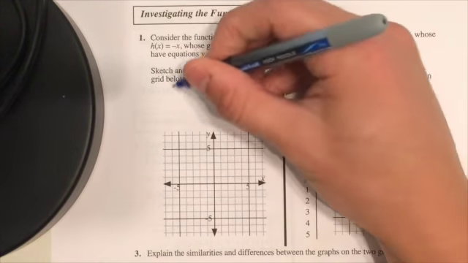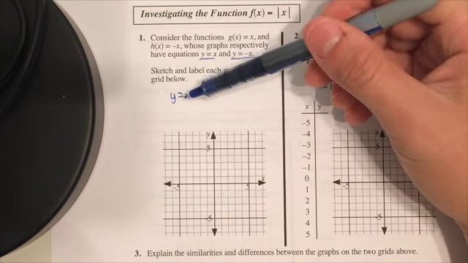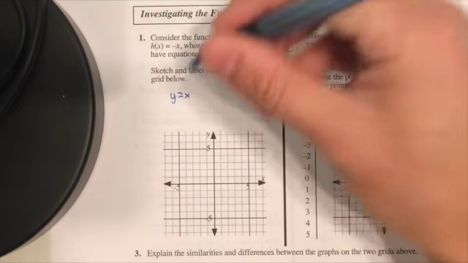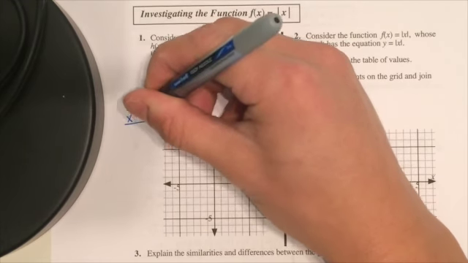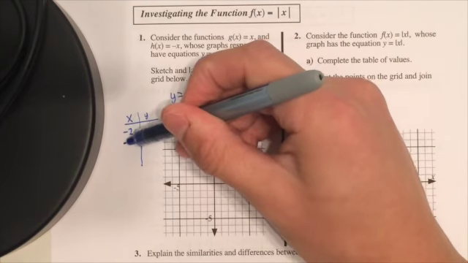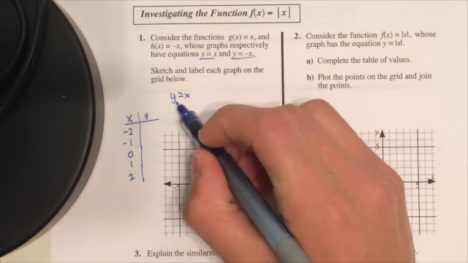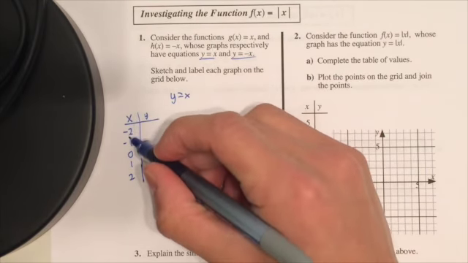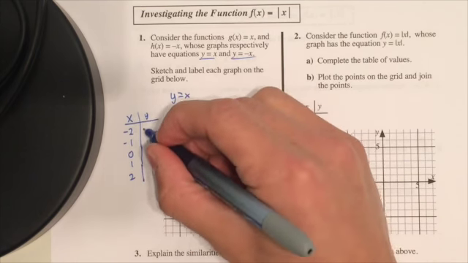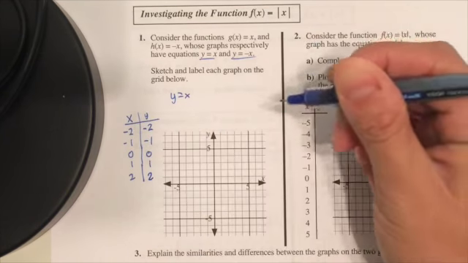Alright, if I have an equation that is y equals x, that tells me that every y value has the same value as x. So if my x values are -2, -1, 0, 1, and 2, and y equals x, that means my y values are going to be -2, -1, 0, 1, and 2.